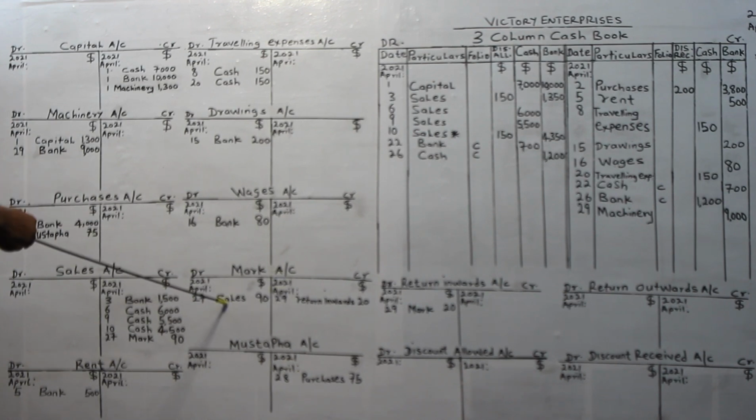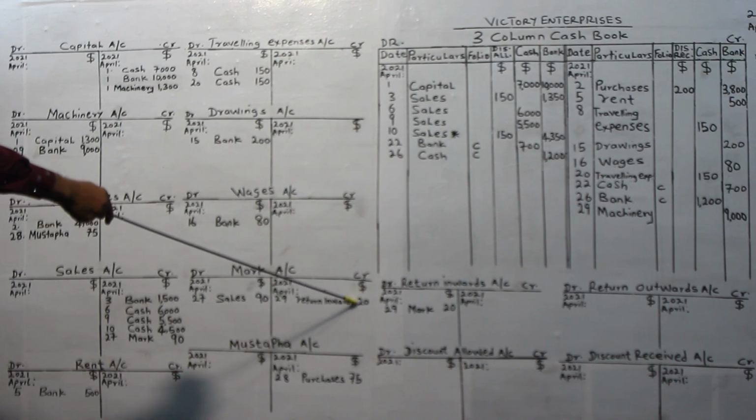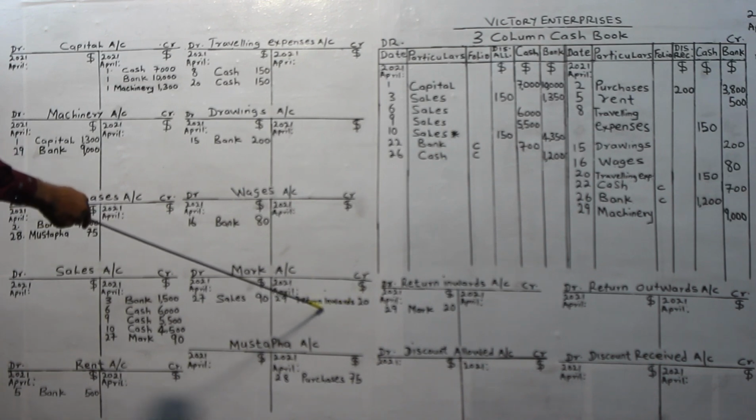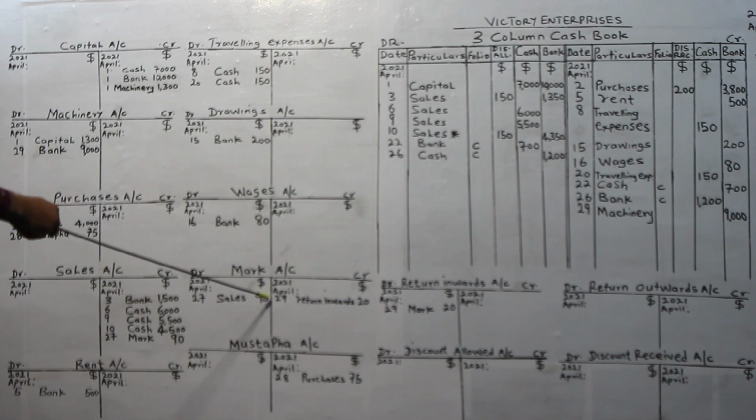Of course, we previously sold to Mark goods of $90, and now Mark has returned goods of $20, known as return inwards, and has been credited. If you calculate how much Mark is owing us now, it's 90 minus 20, which is $70.